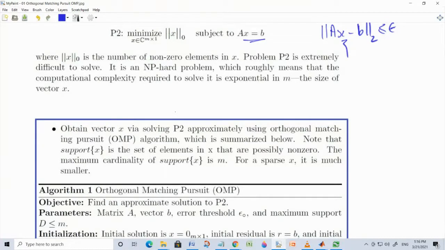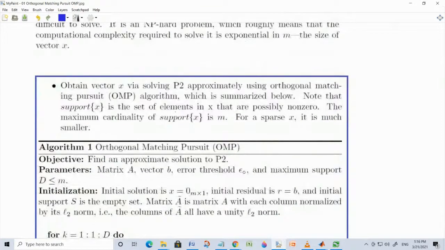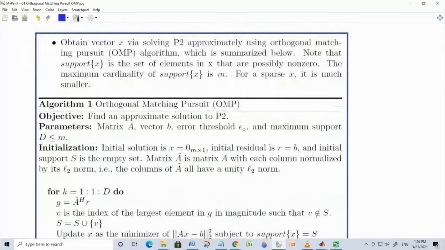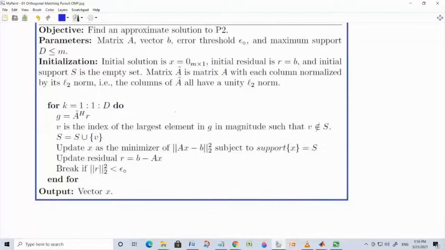But in the first part of this lecture, my focus will be on problem 2, which is the orthogonal matching pursuit, while it is still fresh in your minds. The idea is that you examine matrix A column by column, and you choose columns based on the inner product of the column and the residual vector.